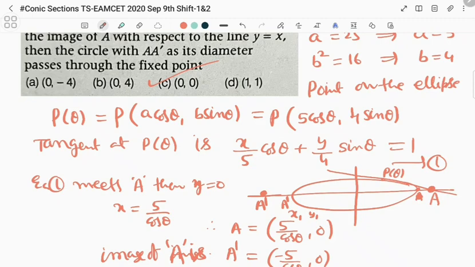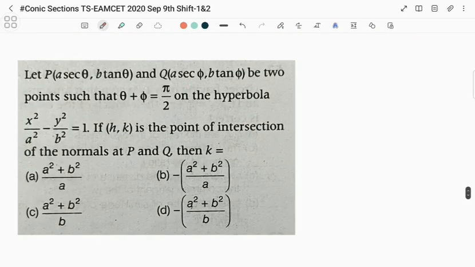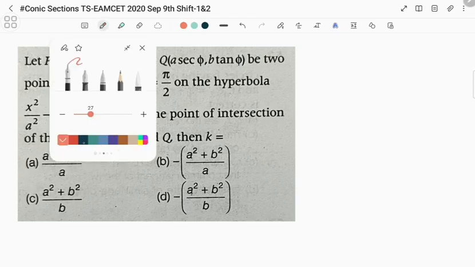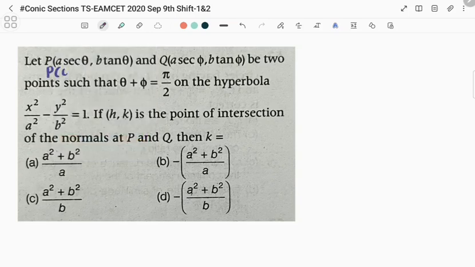We'll move on to the another question. I think this is the last question in our session. A logical question they're asking. The normal at this is p of theta. Simply we can write it as, this is p of theta, this is q of phi.